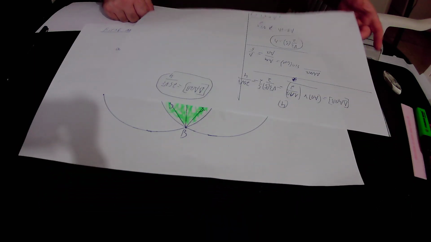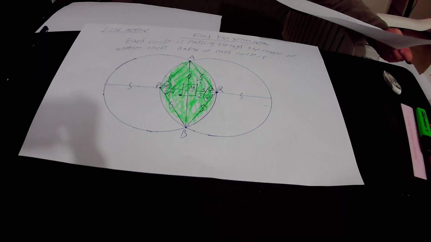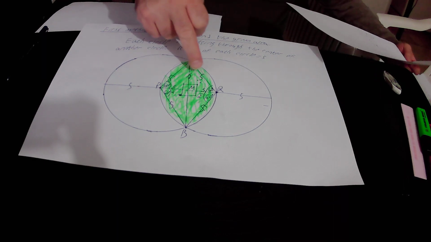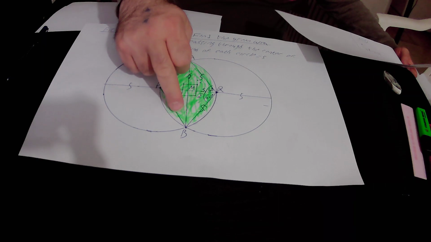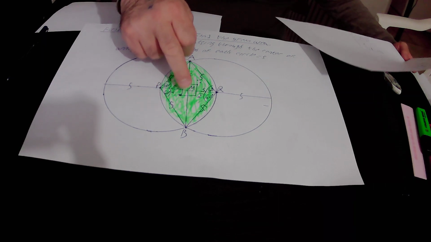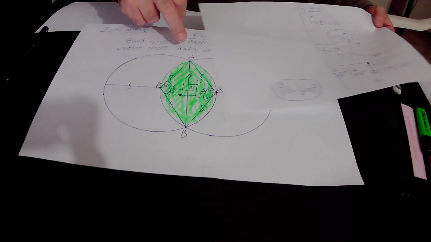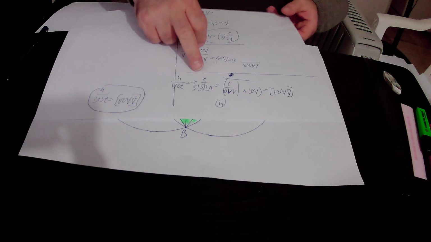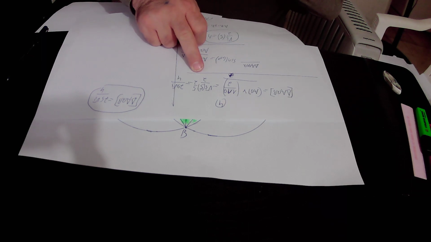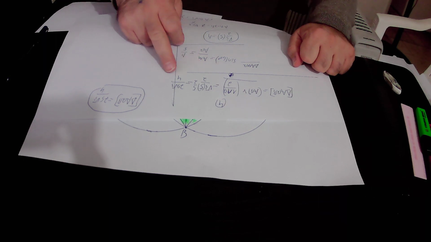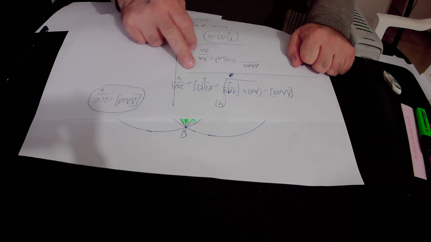Therefore, the area of triangle AQB equals the base, square root of 3 times 5, times the height, that is 5 over 2, all divided by 2. 5 times 5 is 25. 25 times square root of 3 over 2 times 2 is 4.